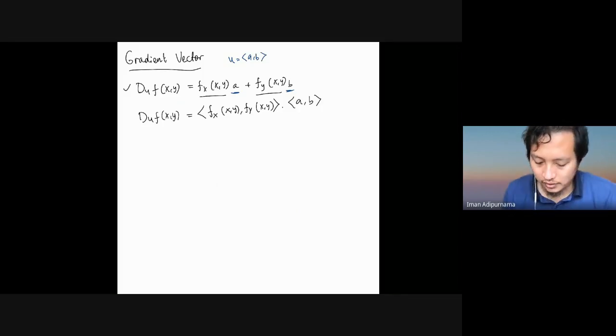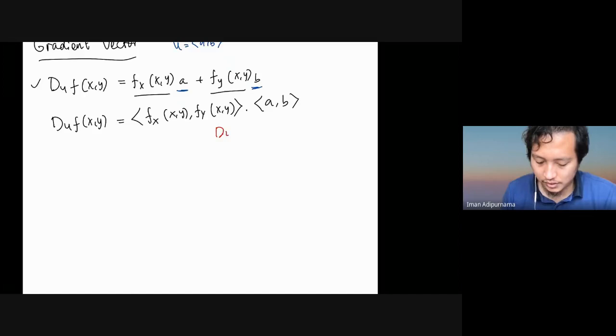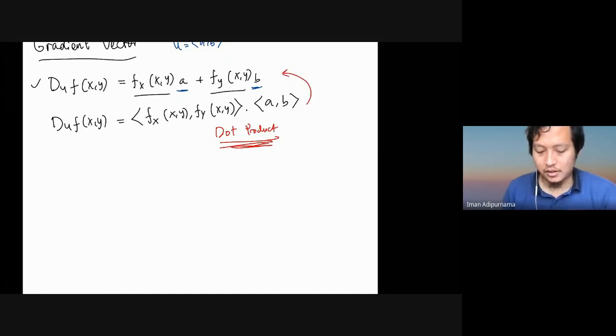So we can take this. This is the dot product, right? With the dot product, you get multiplication and addition, in which you get a scalar result.